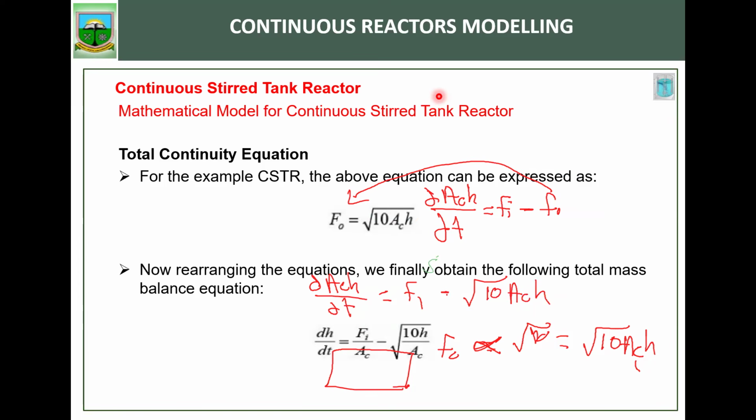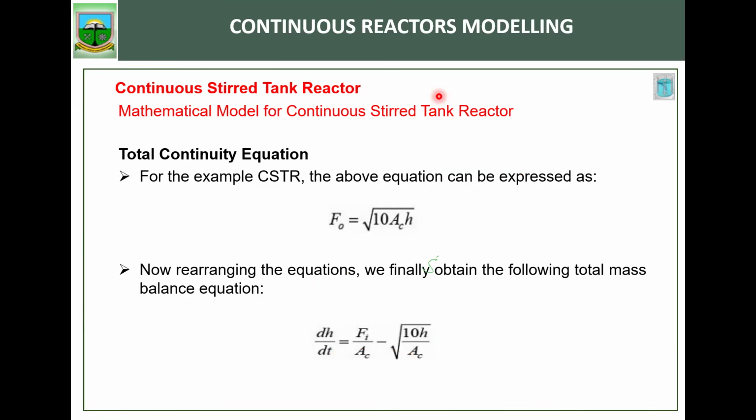So with this, you divide through by A. When you break this down, you get this equation.